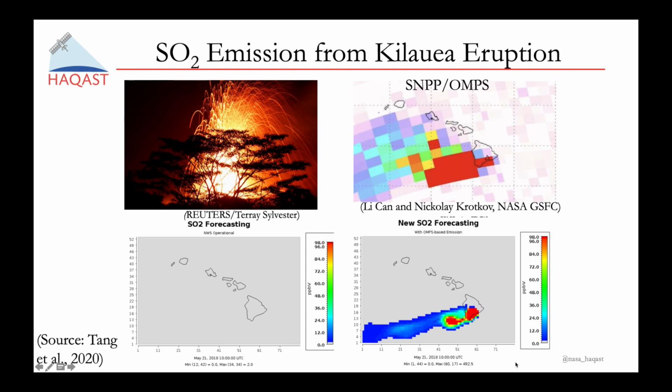We used the SO2 product from the OMPS sensor aboard the Suomi NPP satellite to estimate SO2 emissions from the Kilauea eruption. With this new satellite-based SO2 approach, we were able to capture the plume of the volcanic fog, or VOG, downstream in the forecast model.